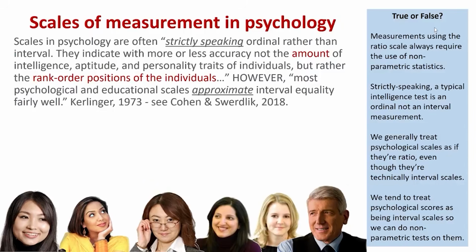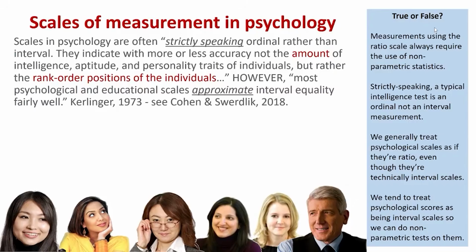That is, for example, when we're measuring something like intelligence, you can make the argument that the difference between someone with an IQ of 120 and 110, that's 10 points, that difference doesn't mean the same thing as the difference between someone with an IQ of 70 and 80. Okay, even though they're both 10 points, that doesn't mean that that's the same difference in intelligence.